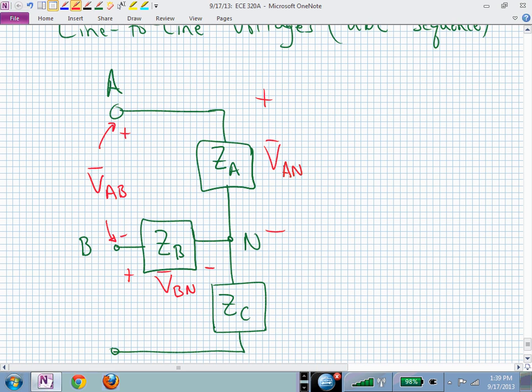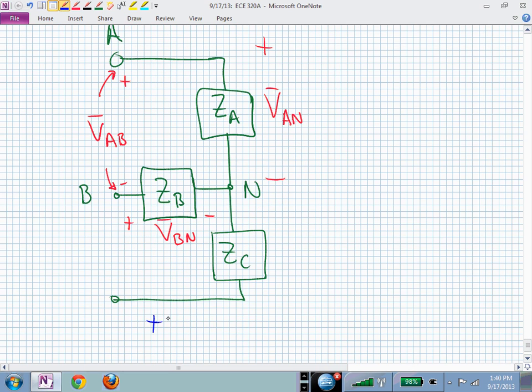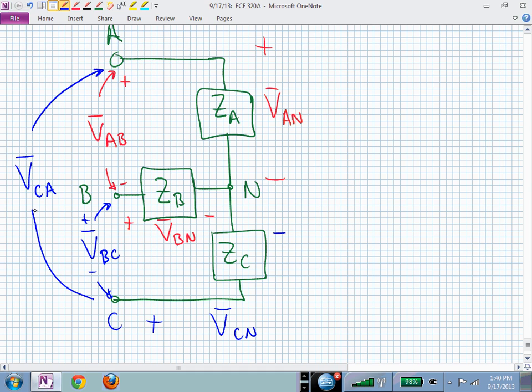And I can do all of the other labels if I wanted to, but I'm going to concentrate on those red ones. But if I just looked at the C phase voltage, that would be plus V sub Cn to minus across the C impedance, I could now say, oh, V sub BC would be that voltage, and then V sub CA, where's my positive?